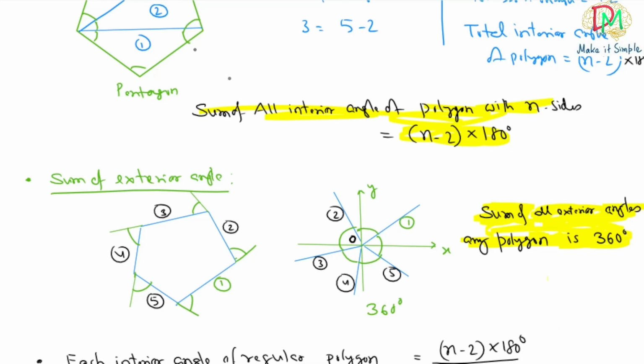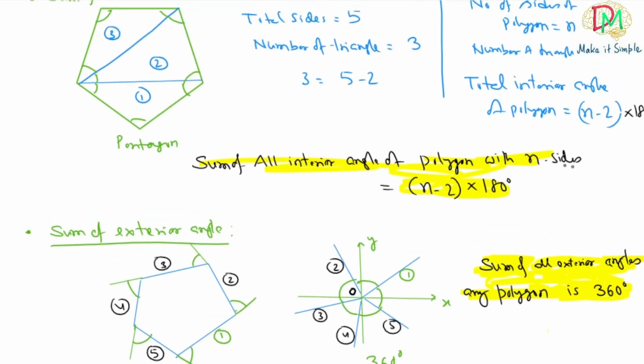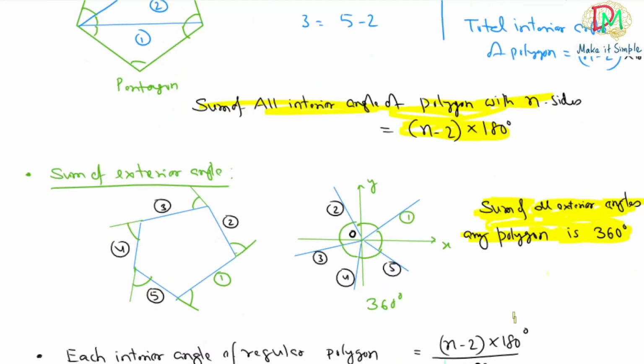Why n? Because the number of sides is equivalent to the number of interior angles. Now look at this pentagon. Here how many lines are there? 1 2 3 4 5. And how many interior angles are there? 1 2 3 4 5. So this is a formula.